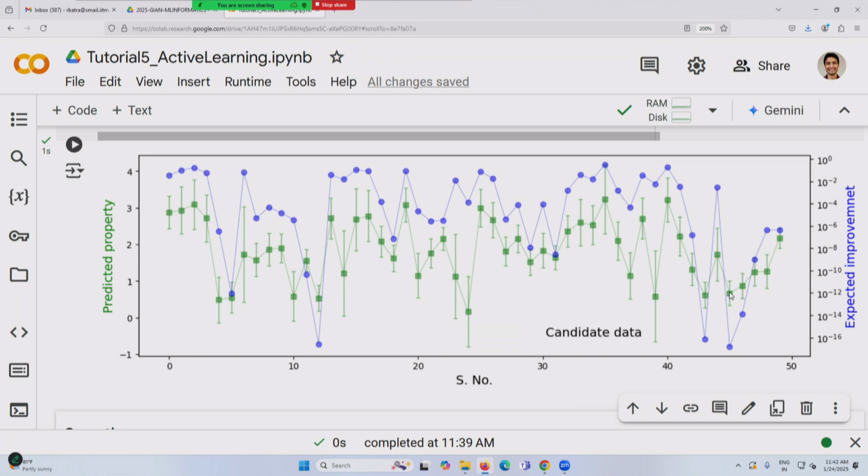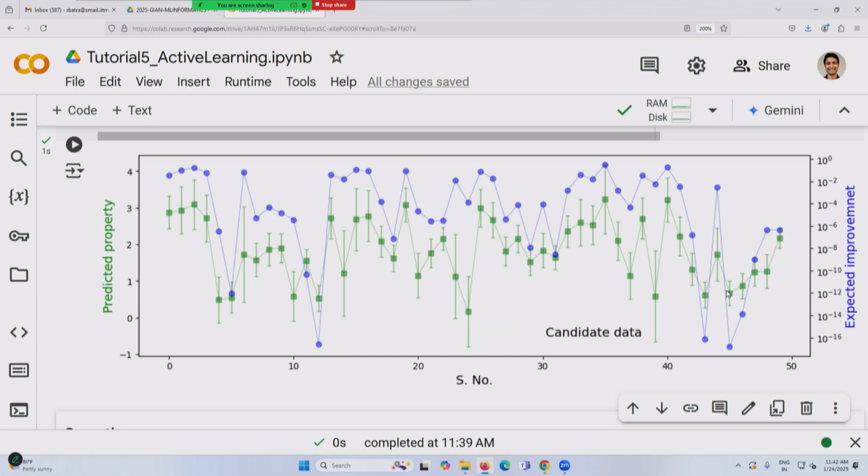Why is that the case? Mu cap is low, and at the same time the uncertainty is low, meaning my model is saying definitely this point will have a low band gap. So your expected improvement for such a case should be low, right?